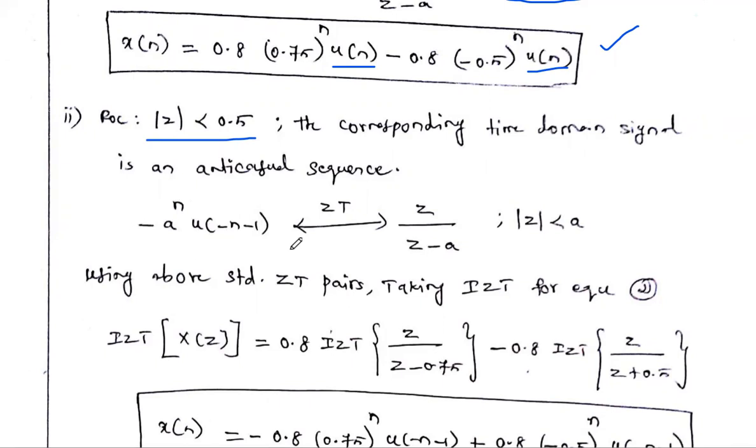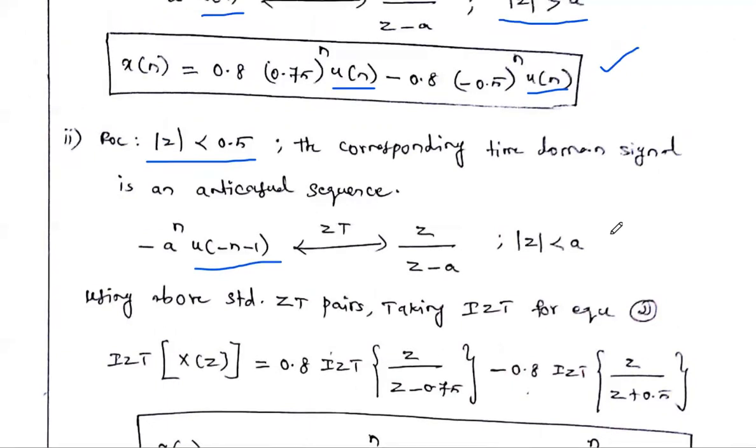This is one type of exponential signal, but it is available only for the negative time, since a power n is multiplied with u of minus n minus 1, which means the signal is available only from minus infinity to minus 1. So the Z transform of this is the same, Z by Z minus a, but the ROC is modulus of Z less than a.